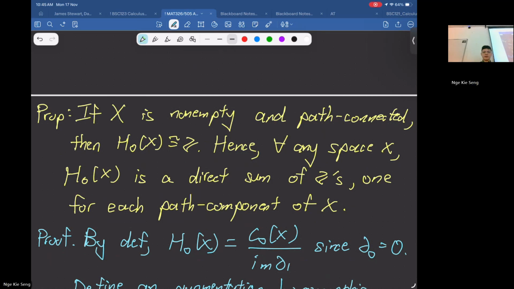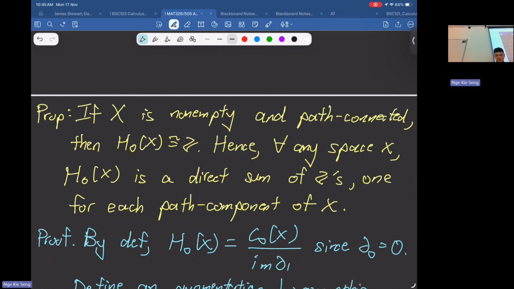So we just focus on proving the first. Everyone can see the second one comes from the previous proposition, because you split into path connected components, and we first proved that for every path connected component, the zero homology is Z. Okay, so we prove the first statement now.